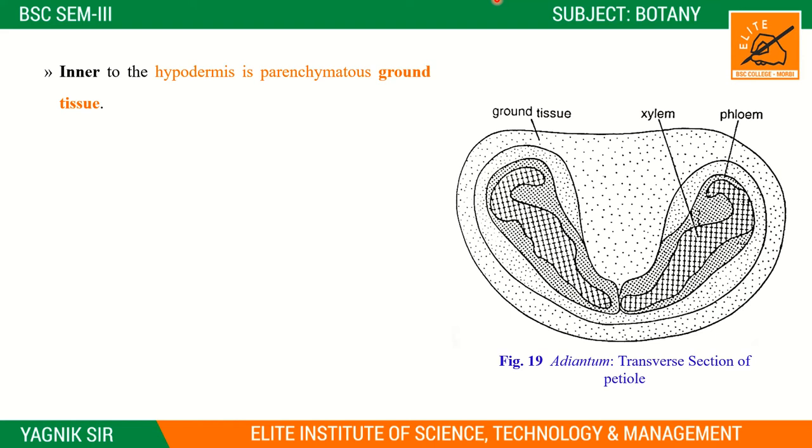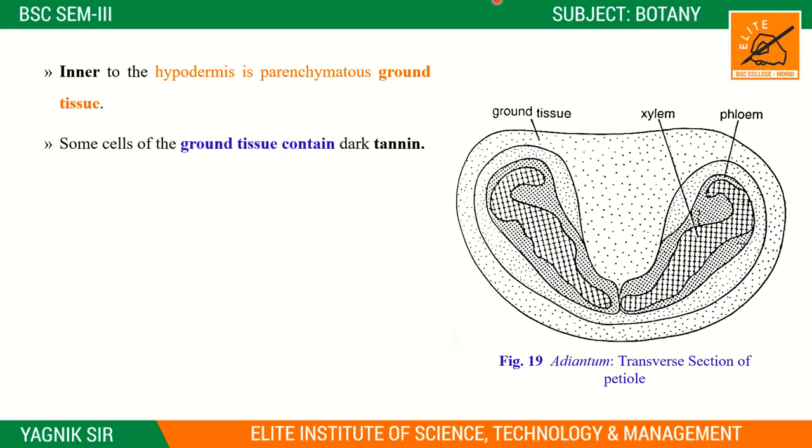All the structure is similar and all cells are similar, right? In root, in rhizome and in petiole, right? In rhizomes, petioles and roots, parenchymatous cells make up the ground tissue, right? That means the ground tissue is made of parenchymatous cells.